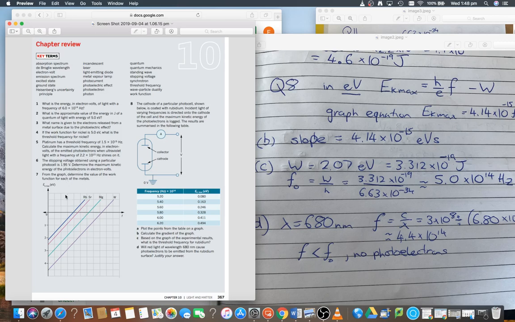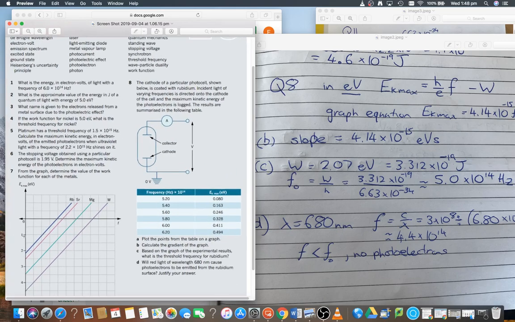Question 7. You can pretty much just do this by reading off the graph. From the graph, determine the value of the work function for each of the metals. You can look closer if you want to. If you had a digital copy, you can enlarge it and maybe get a ruler out so you can get a little bit more accuracy.